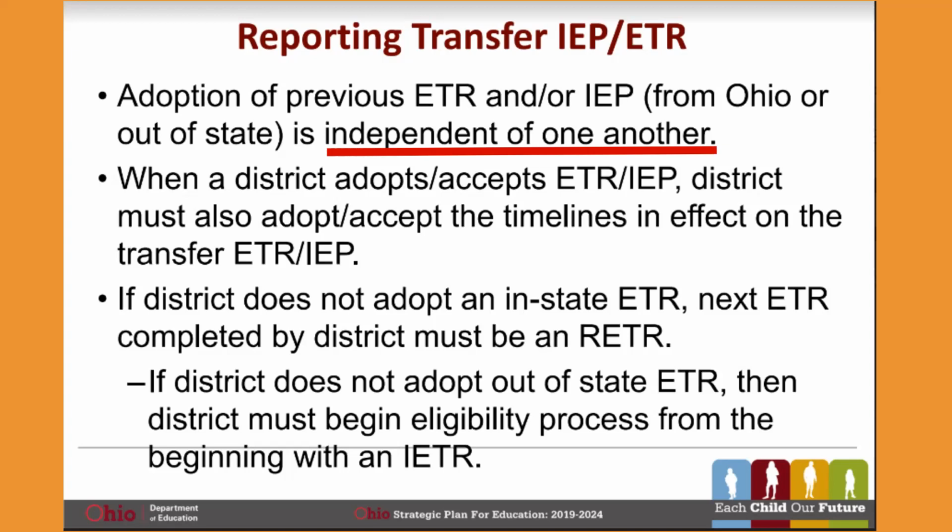And that's simply not true. What you must do is the team must consider the information in the new ETR and determine if that new information impacts the IEP as it sits, and if it needs amended.